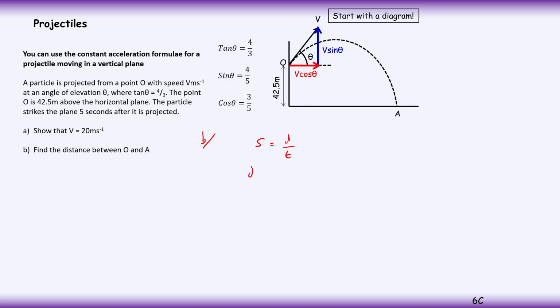So our distance is going to be equal to speed times time. And our speed is v cos theta times time, which was 5 seconds. So we've got v is 20, cos theta is 3 over 5, times 5, 5's cancel, 3 times 20 is 60.